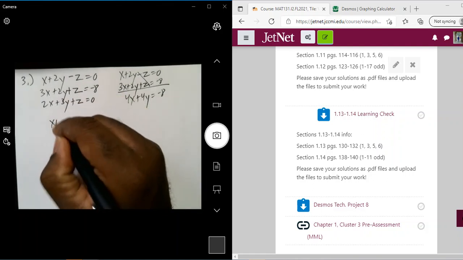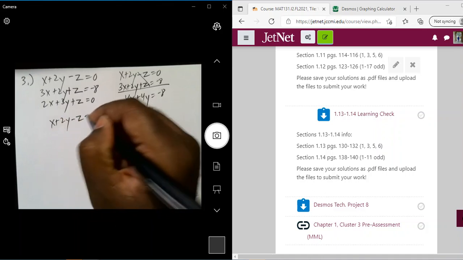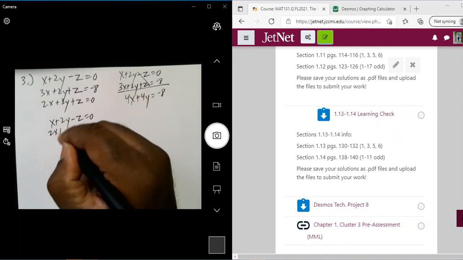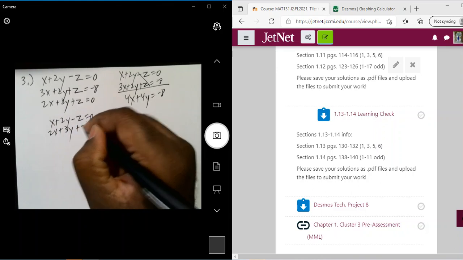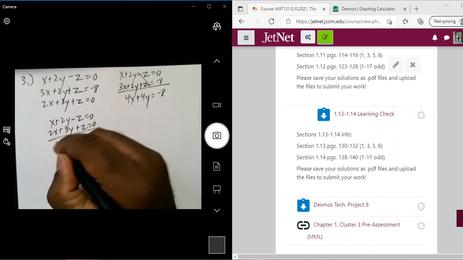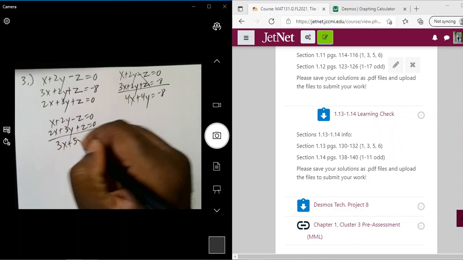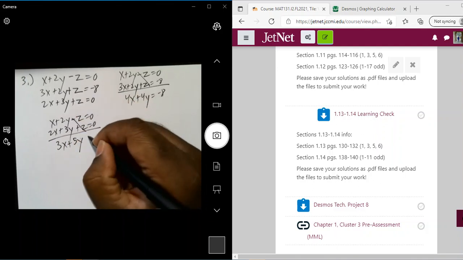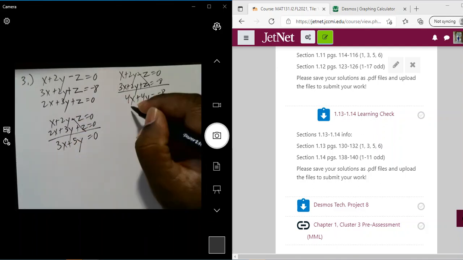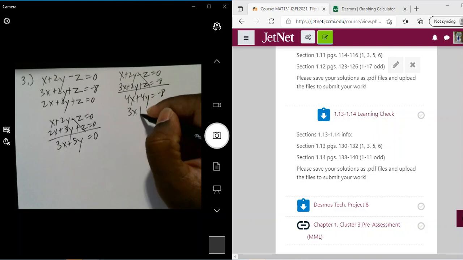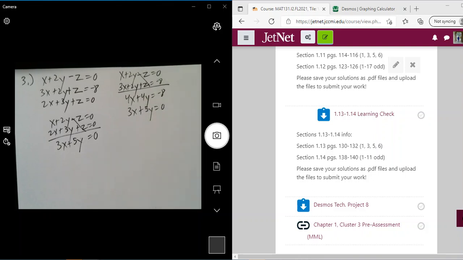So I would have x plus 2y minus z equals 0, 2x plus 3y plus z equals 0. So this would be 3x plus 5y, the z's will go, equals 0. So we had 3x plus 5y equals 0.